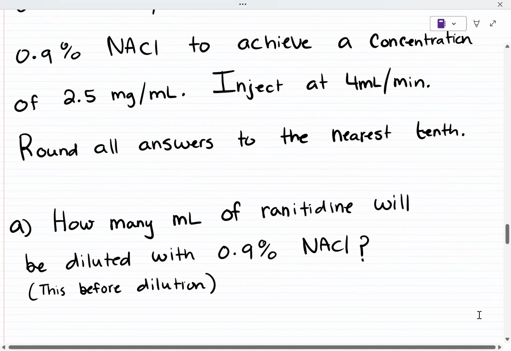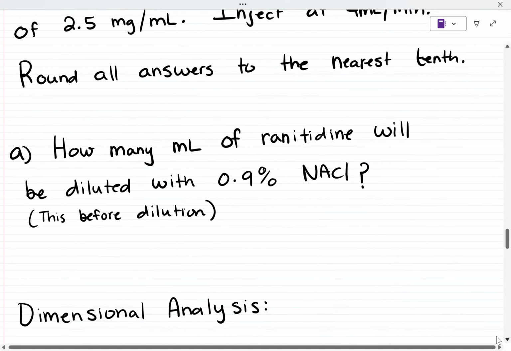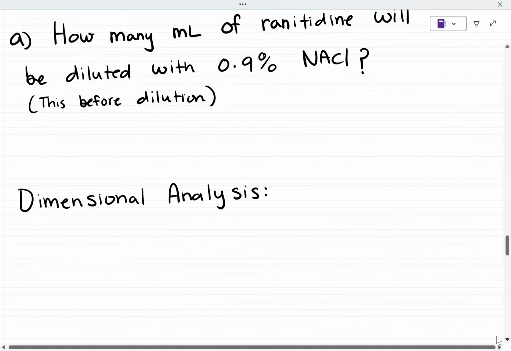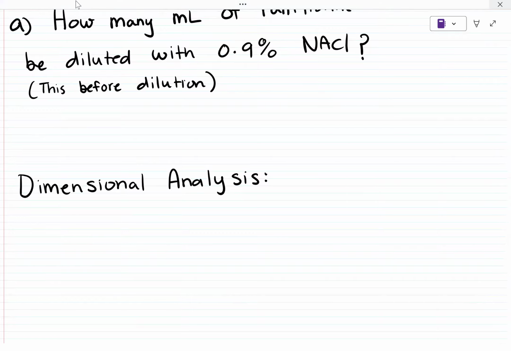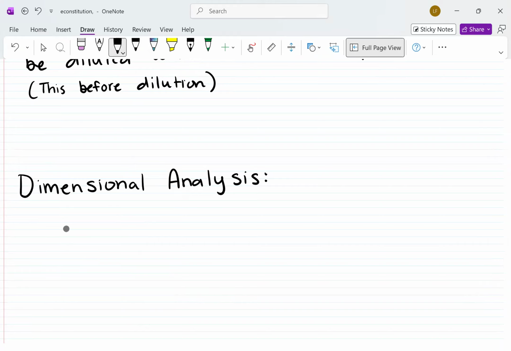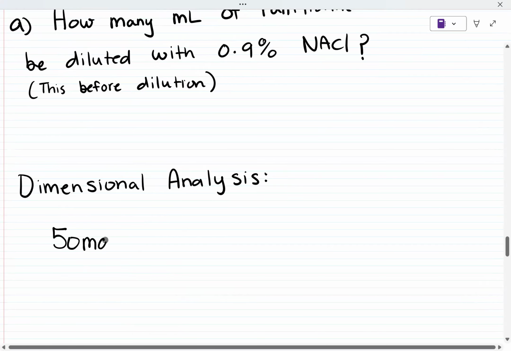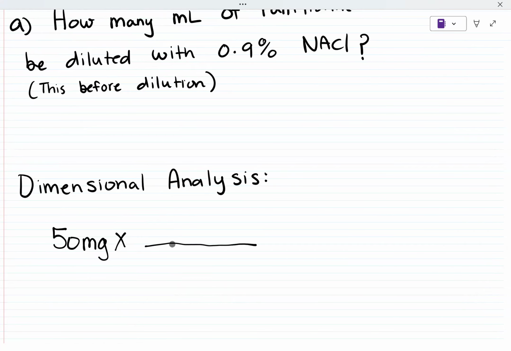So I believe we could do the 3 methods: dimensional analysis, ratio and proportion, and formulas. Our final answer has to be in milliliters. So let's start with dimensional analysis. With dimensional, you always start with what you have. We had ranitidine of 50 milligrams, so 50 mg times, and then to get milliliters, I have to get rid of the milligrams and put milliliters on the top.